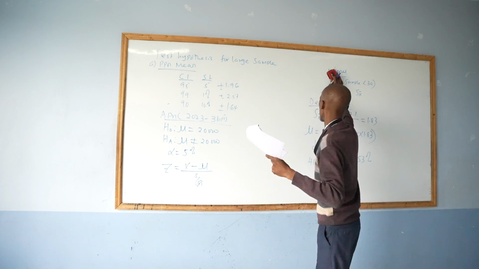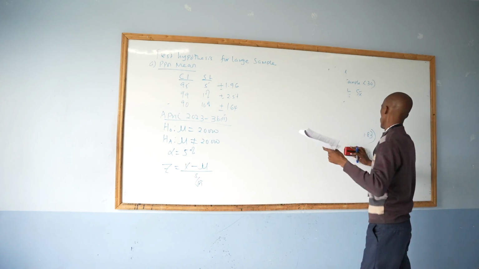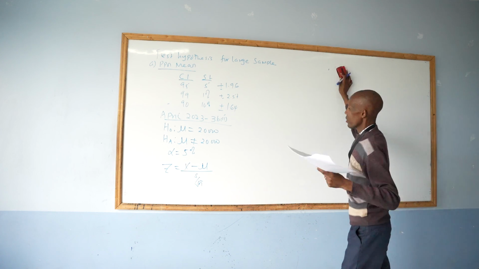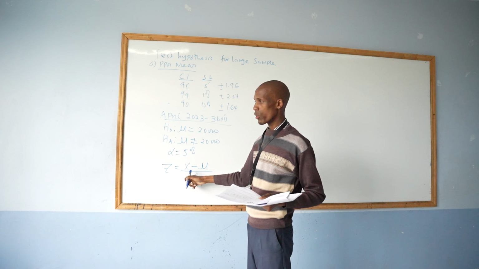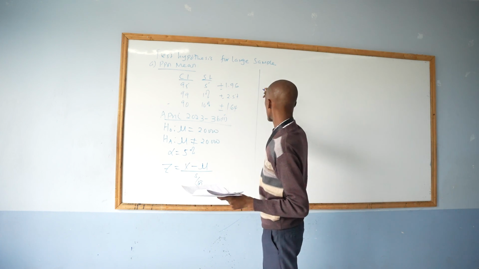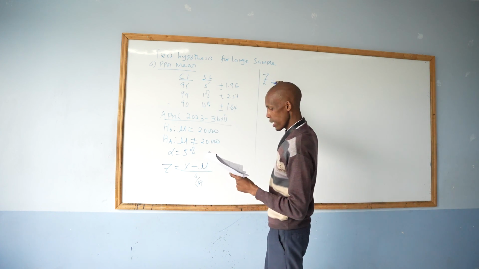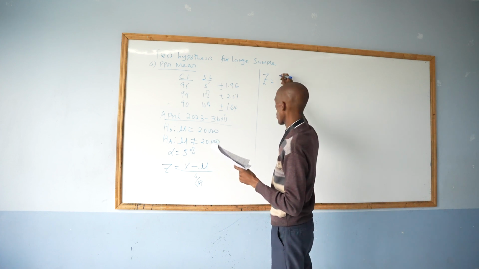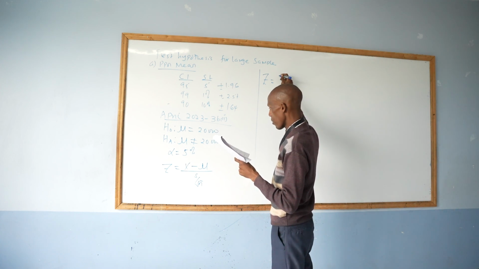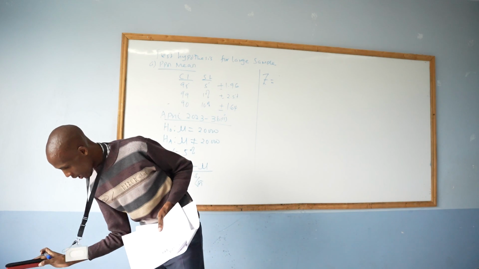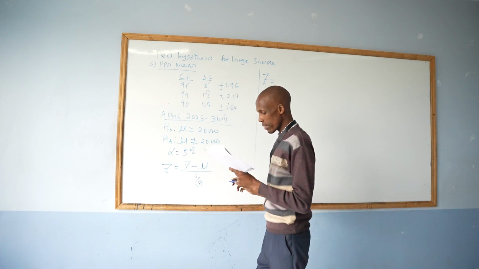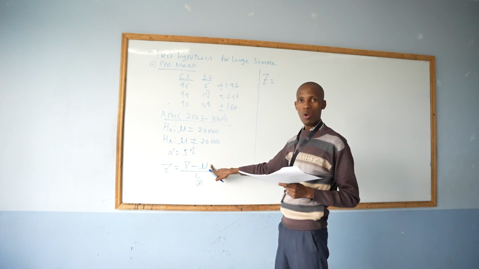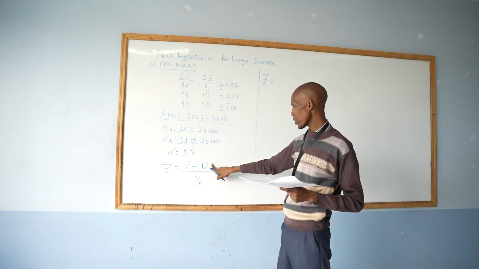Remember, I showed you how to get the standard error from that discussion. So this is the formula for the Z test, according to the procedure. Z equals X, the sample mean, which was 22,150, minus the hypothetical mean, which is 20,000. Please take note, hypothetical mean.